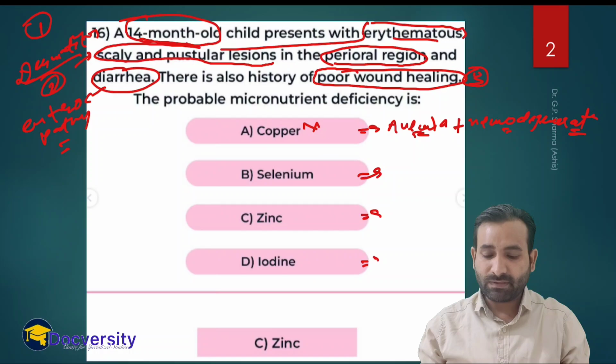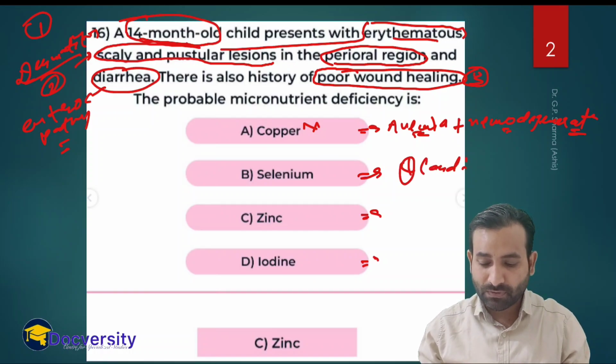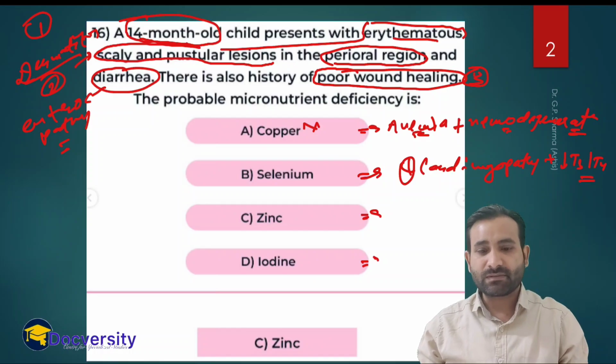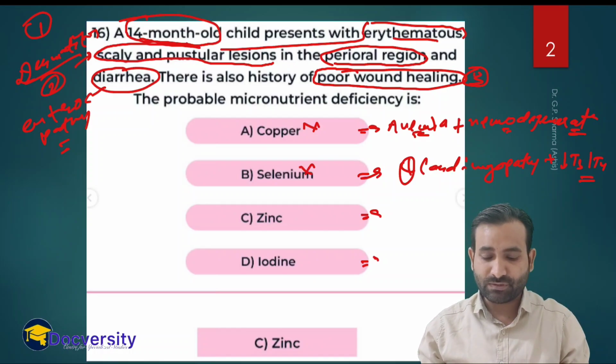If there is selenium deficiency, then the patient should have cardiomyopathy, plus deficiency in T3 or T4. No such features have been given. Similarly, if there is iodine deficiency, it is directly related to the thyroid gland, so there must be thyroid dysfunction. No such features have been given here.